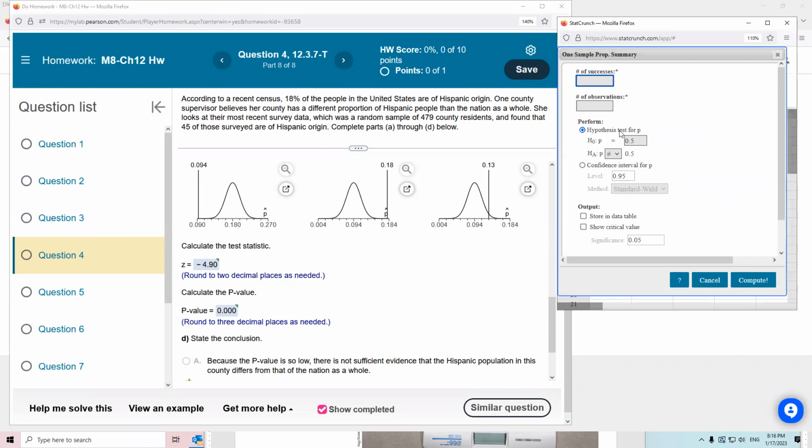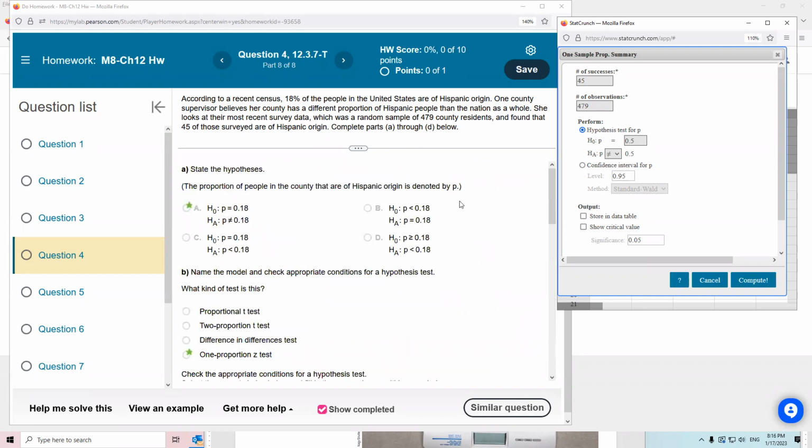The first thing they're asking us, what's the number of successes? Well, in our example, that was the 45 Hispanic people in our sample. What's the number of observations? This is our sample size, 479. And notice I'm going to check this box that says hypothesis test. Now what I have to do is mimic the setup of the null and alternative.